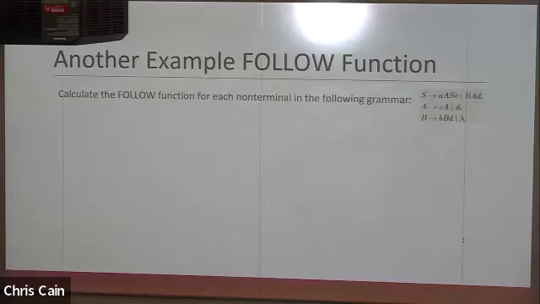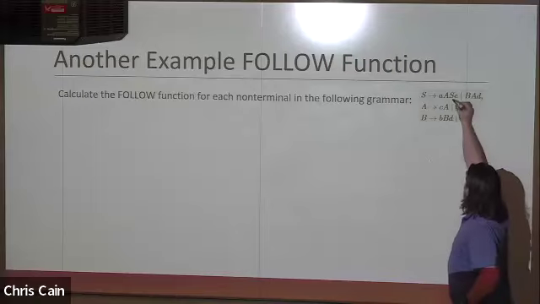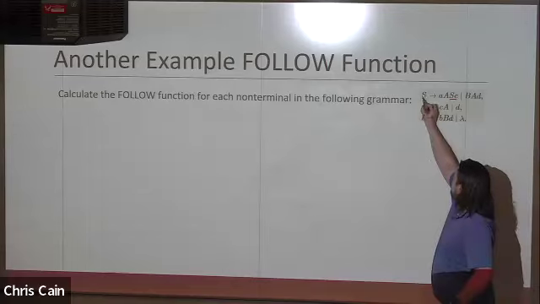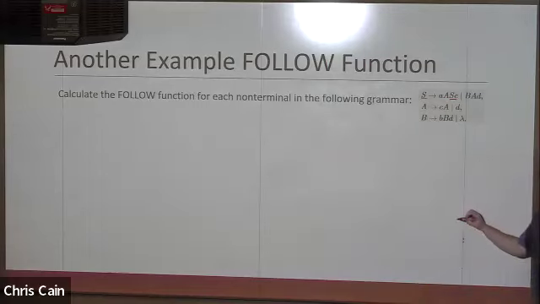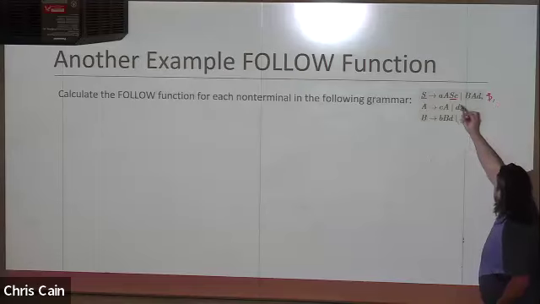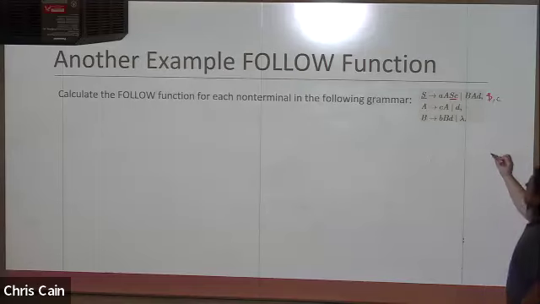So follow of S was the easy one in this case, where we look on the right-hand side, we see an S here, and we see that all we can follow that S is a C. But first, we have to remember that wherever S is in the grammar, the expansion of S can create the end of string marker. So follow of S has the end of string marker $, and then from here we have a C that can follow that S.